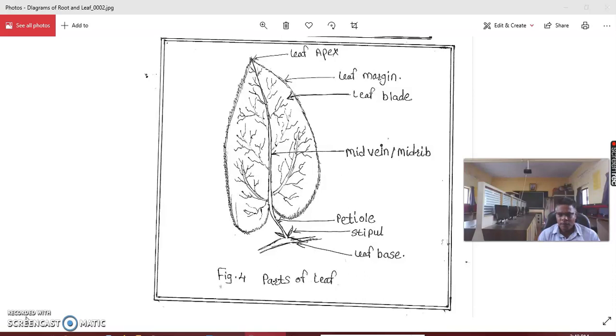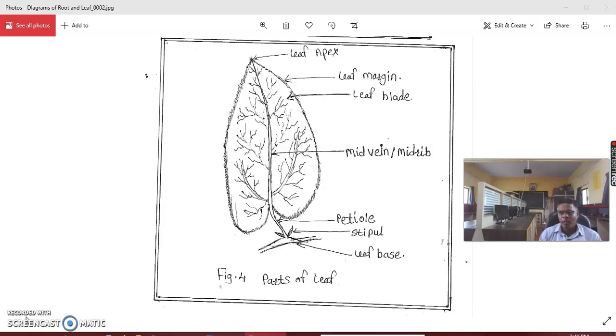Then we study the modification of leaf. The leaves are modified to perform specialized functions, and the modifications of leaves are as follows. Number 1, leaf tendrils.